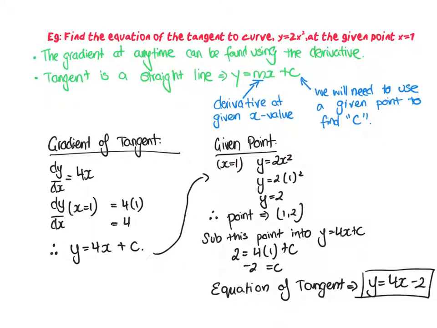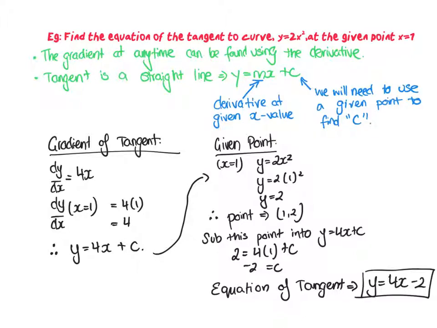You've already written this one out, so let's have a look at it anyway. It says find the equation of the tangent to the curve y equals 2x squared at the point x equals 1.